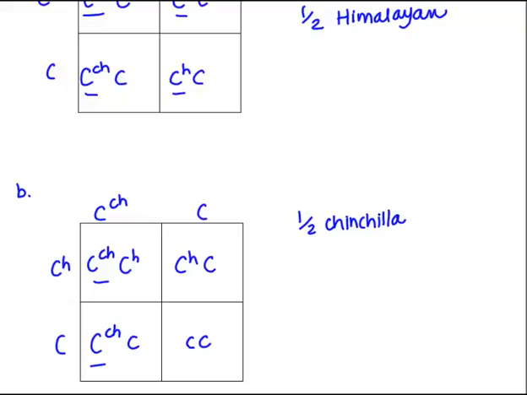Himalayan is again dominant over the albino allele, so you have 1/4 Himalayan. And finally, this last individual is c, homozygous for this allele means that you're albino, so you have 1/4 albino.